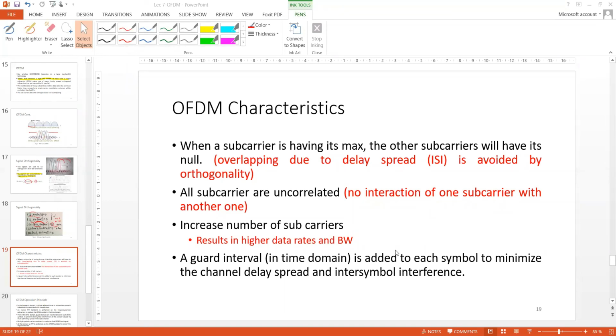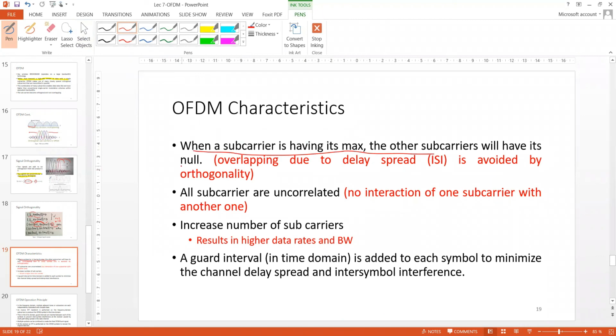Okay, ji. So let's discuss some characteristics of the OFDM. The first and important characteristic of orthogonal frequency division is that when a particular subcarrier is having its maximum, the other subcarriers will have their minima or null.